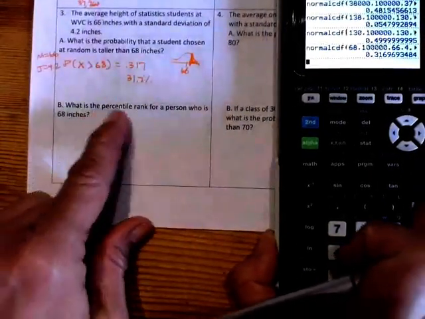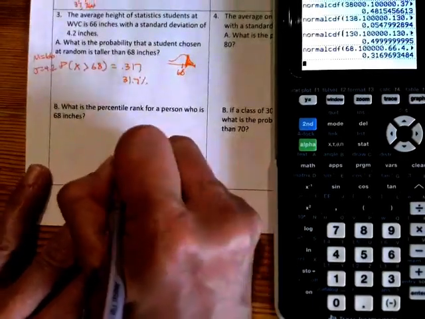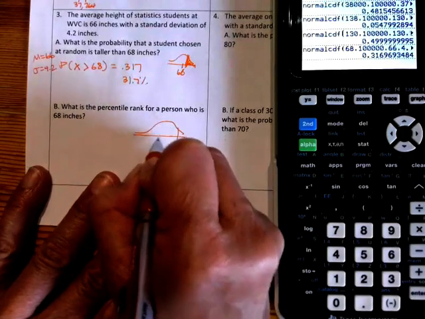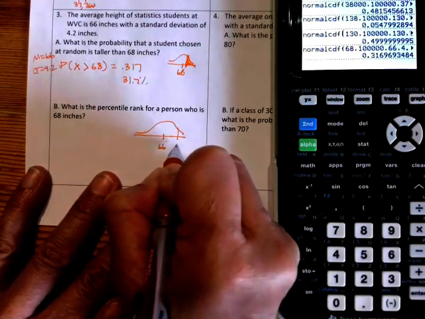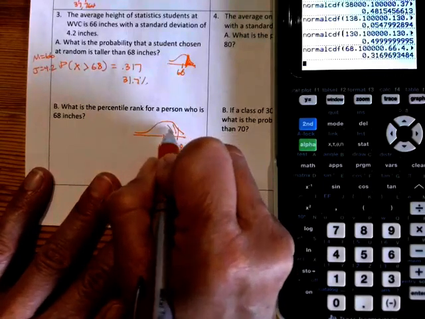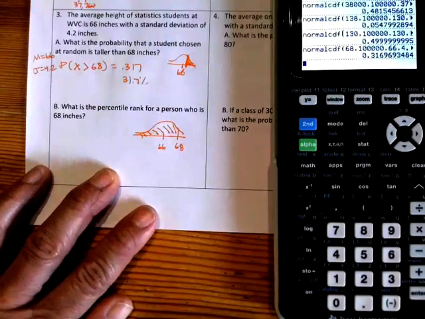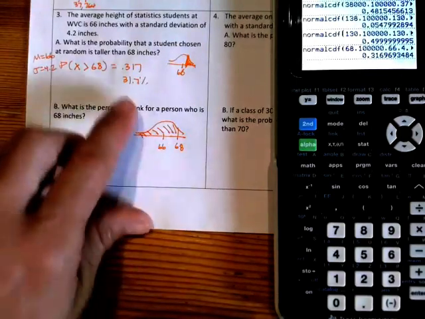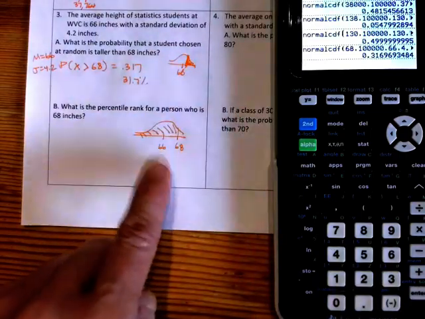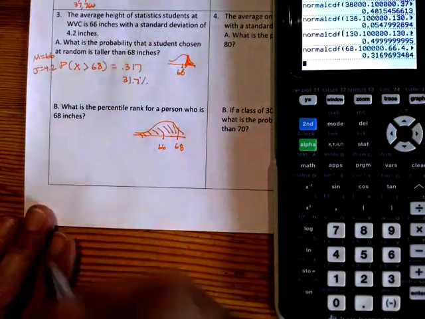Okay, so this next one, what is the percentile rank for a person who is 68 inches? So here's our 66 in the middle. Here's the 68. Percentile rank means the area to the left of that value. Since we just found the area to the right of this 68 height, I can find the area to the left by doing 1 minus.